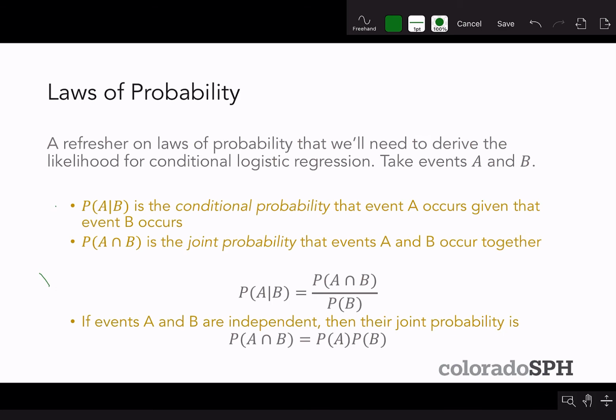And then probability A and B is the joint probability that events A and B occur together.